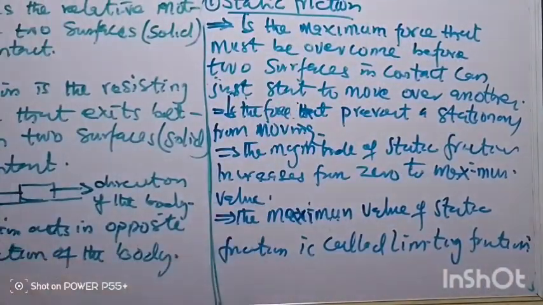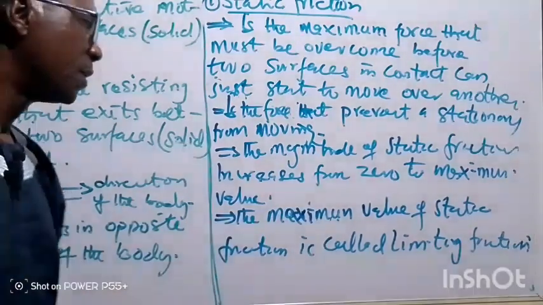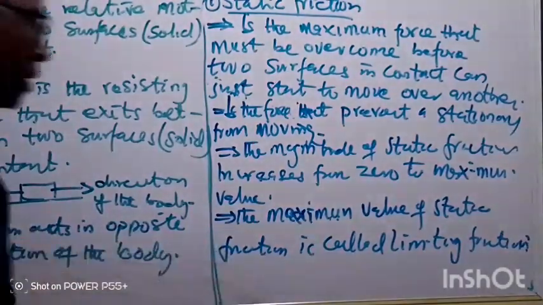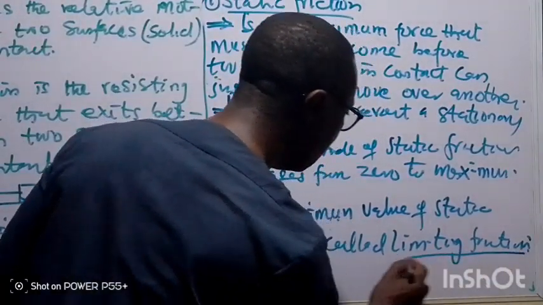That is, when they have the maximum effect and are about to move over one another, then we have what we call the limiting friction.